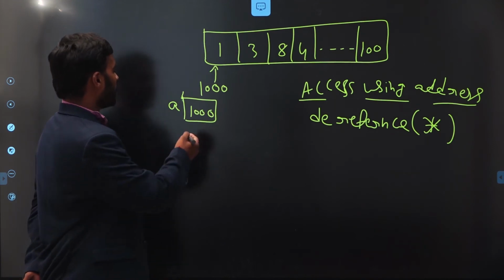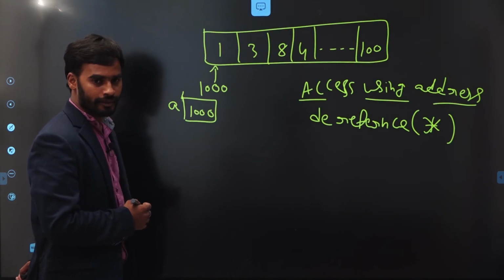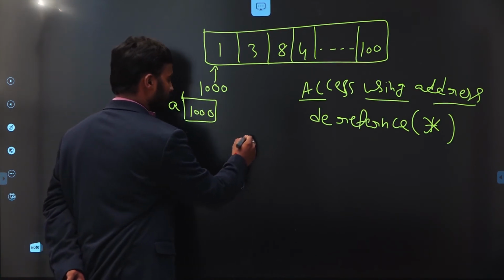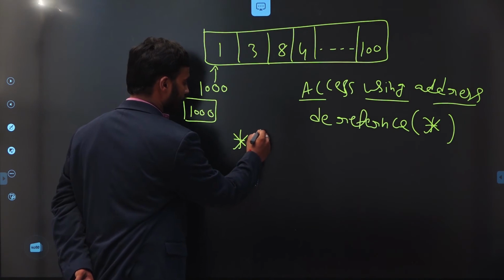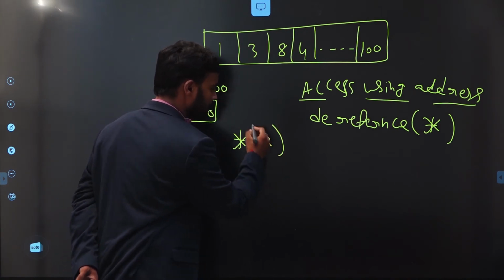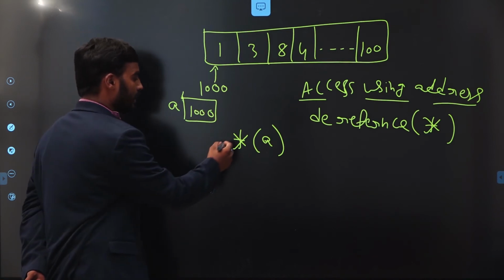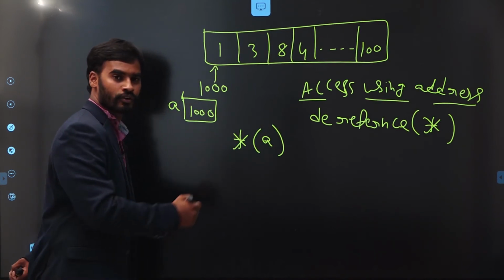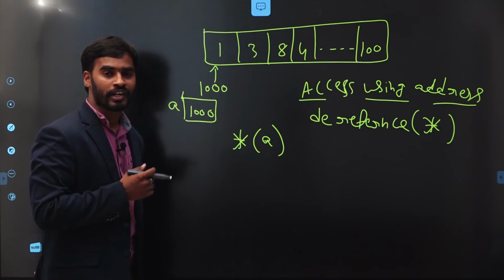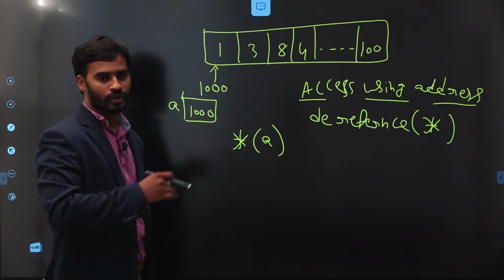So for example, assume that the address of the first block is A. Then if you want to access the value in that location, this is the way you are supposed to access. Dereference A. If you dereference A, you can find the value in that location.